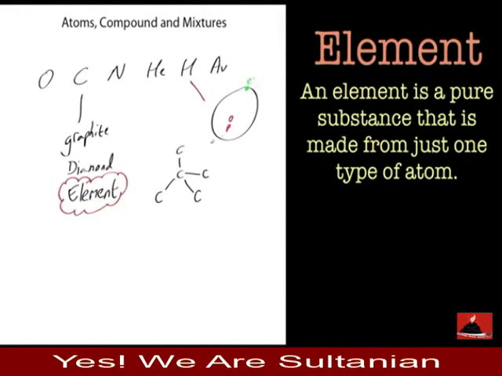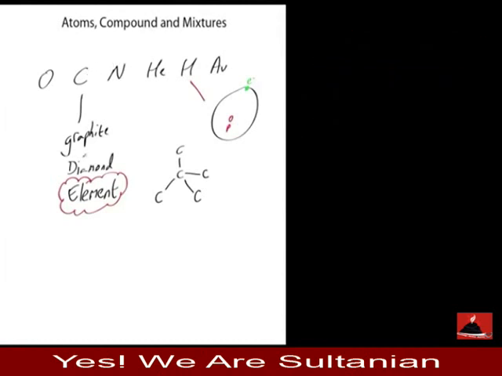Now atoms can react together to form compounds. So a compound is not a pure form of just one atom. So it's not an element. That's what an element is. A compound, if we look at, let's take carbon and oxygen.